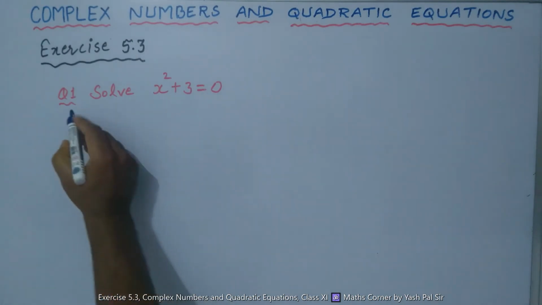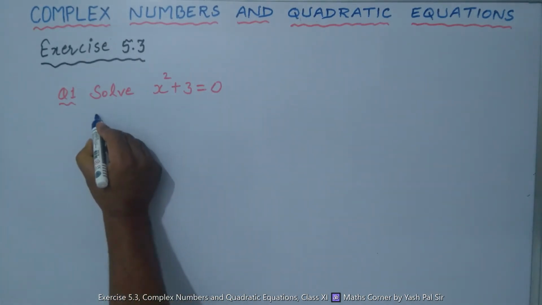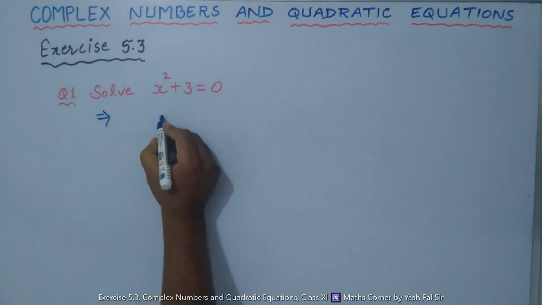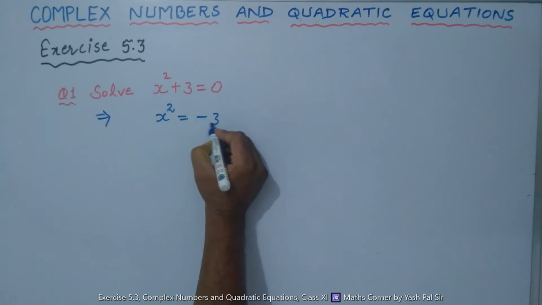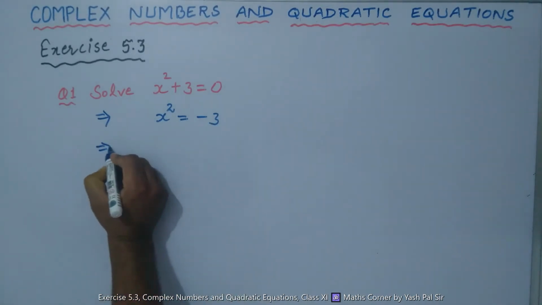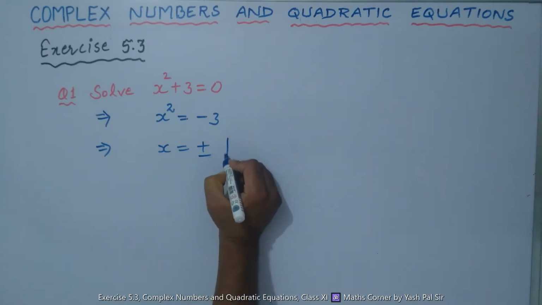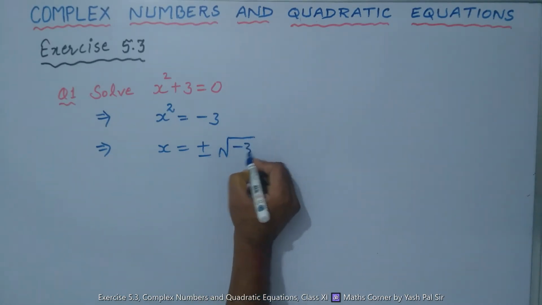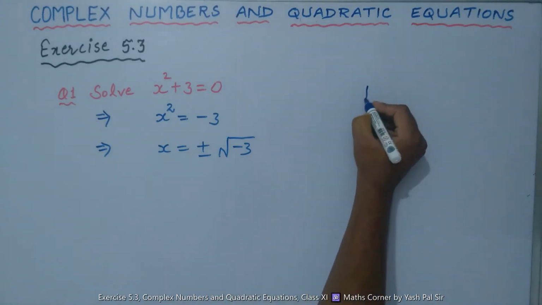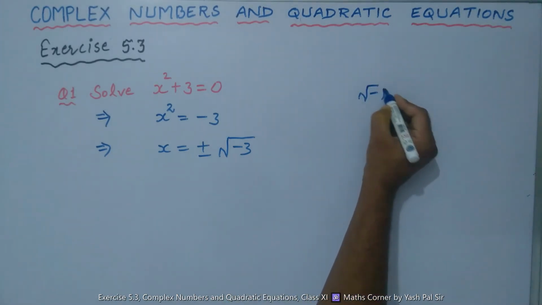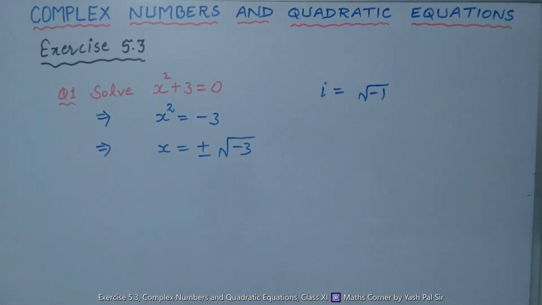First of all, question number 1: solve x square plus 3 is equal to 0. How to solve? First of all, we write it as x square equal to minus 3. So this means x is equal to plus minus square root of minus 3. Now what do we know about square root of minus 1? We know that this is called iota.